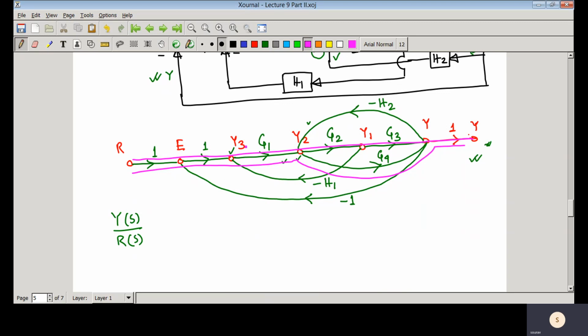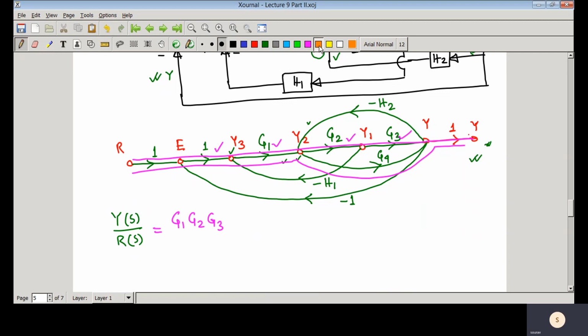If this is the first forward path, the forward path gain is G1 G2 G3. And how many loops are here?